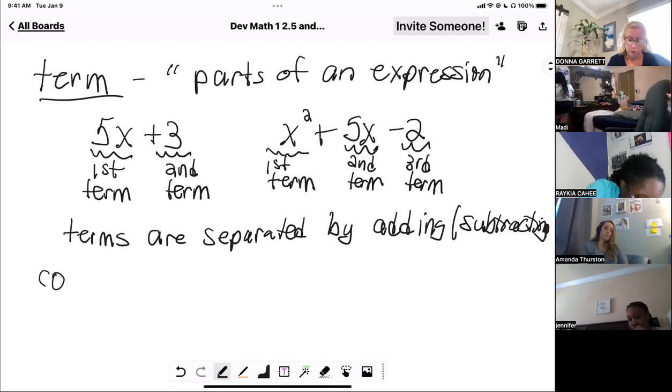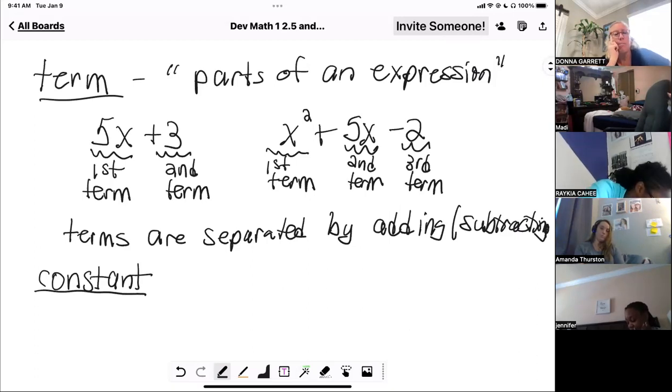Another very important word is constant. If you think about the word constant, not even in math, if something is constant, it's always the same. So sort of like in math, it's the same thing.